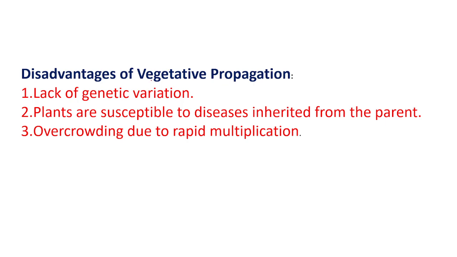The next disadvantage is that plants are susceptible to disease inherited from the parent plant. Maybe the old plant or parent plant is attacked by a disease. When we produce a new plant from the old diseased plant, the new plant is also affected by the old plant's disease.